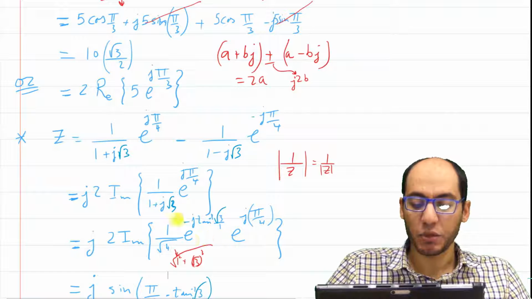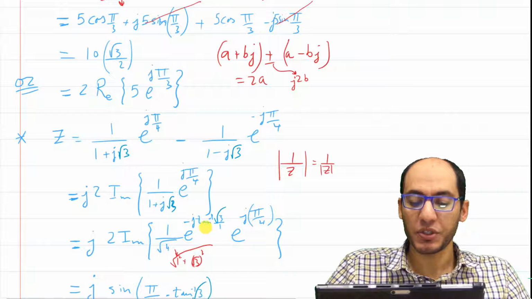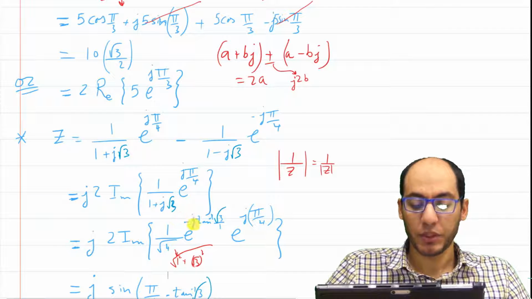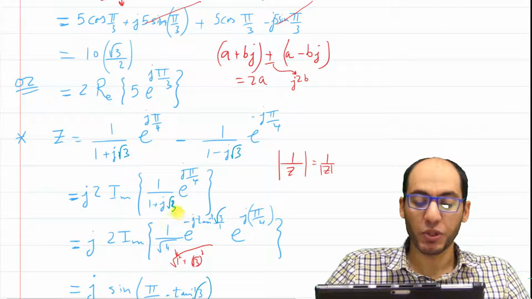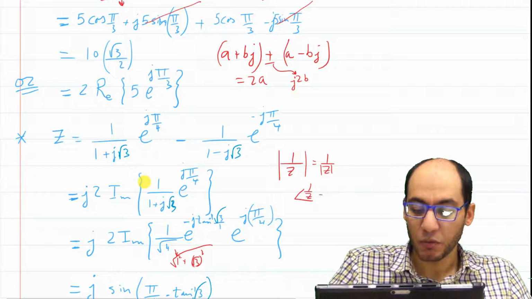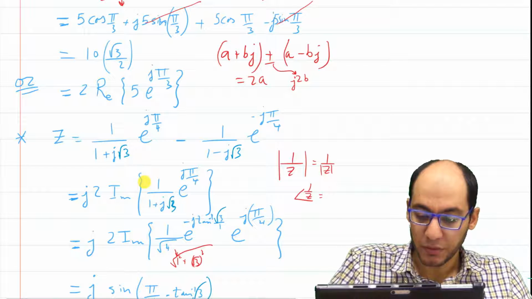All right, the phase is equal to tan inverse of square root of 3 over 1, and then you put a negative sign because we wanted to convert this from the denominator to the numerator. If I want the phase of 1 over z, it is equal to negative the phase of z.